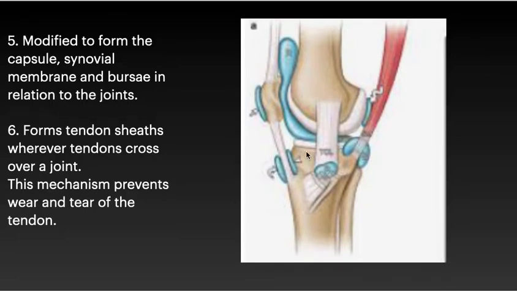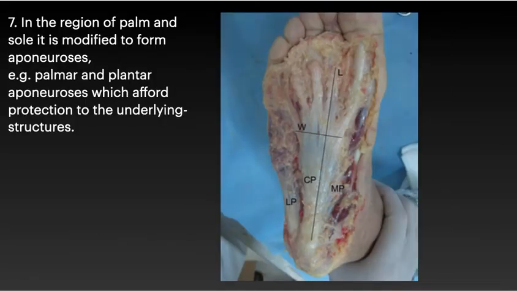This mechanism prevents wear and tear of the tendon. In the region of the palm and the sole, modified to form the epineuroses, this is the palmar and the plantar epineuroses, which afford protection to the underlying structures.